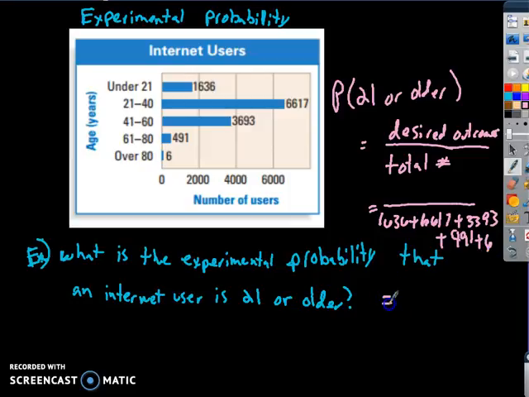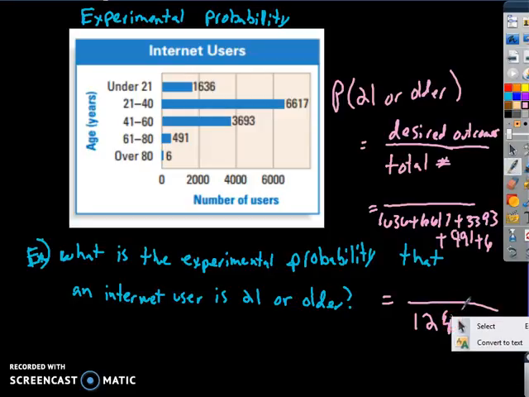That's a huge number. The number is 12,443.